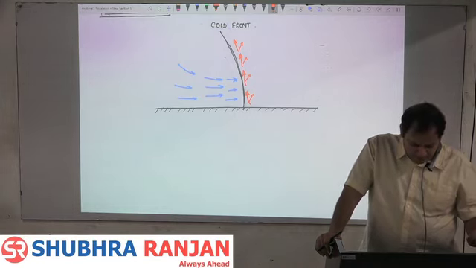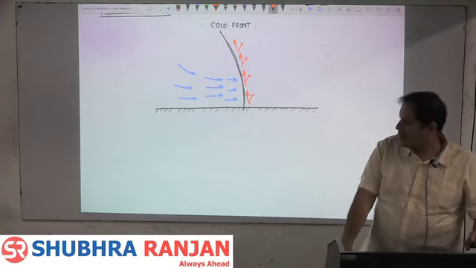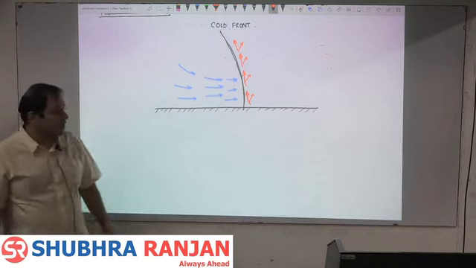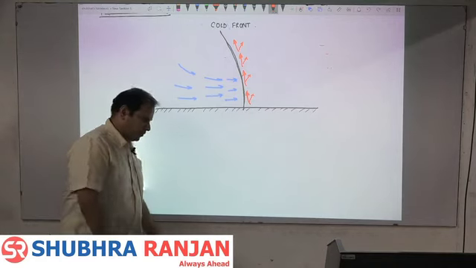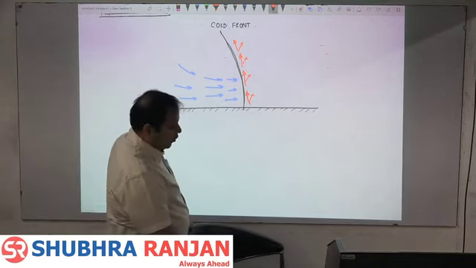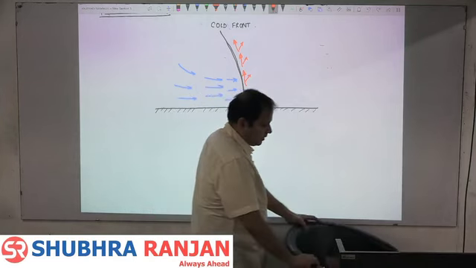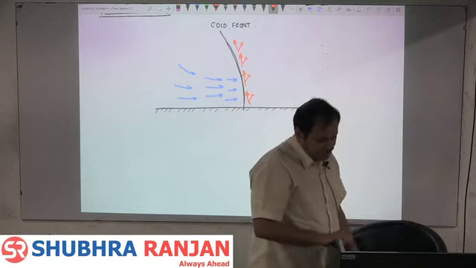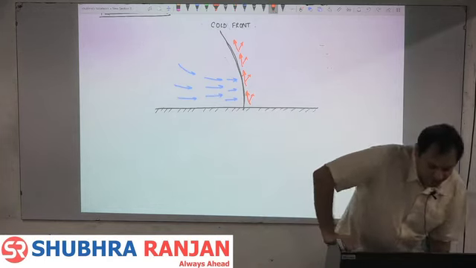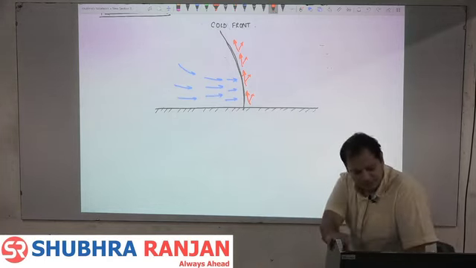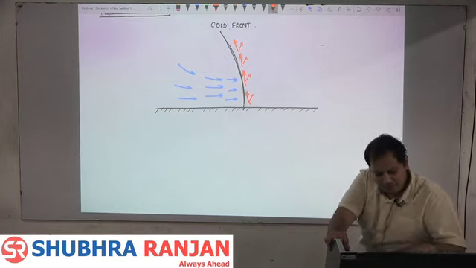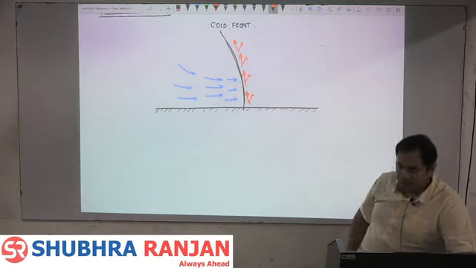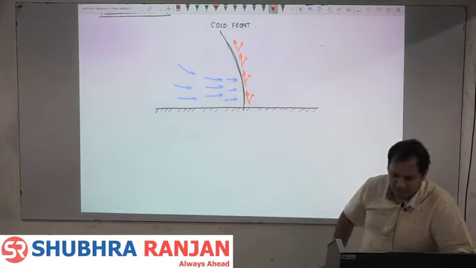The wedge of cold front has the height of 1 kilometer over the distance of 50 to 100 kilometers.